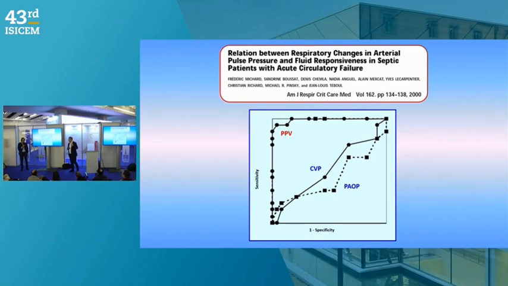So for those of you who are dealing with pediatric patients, be careful because you may miss it, while the stroke volume variations still remain valid in these patients. With adult patients, even at 18 years old, the artery begins to be a little bit stiffer, so you can use it without any problem.